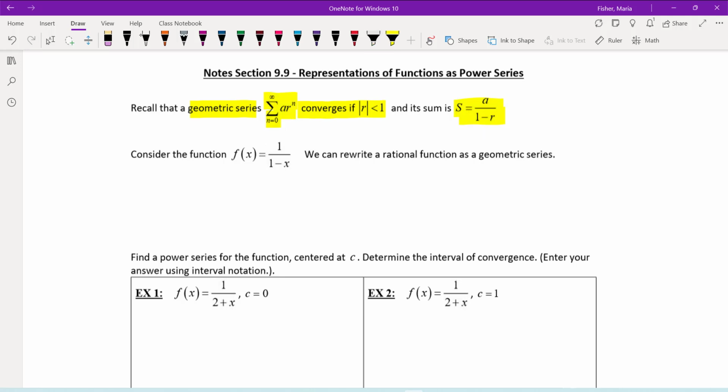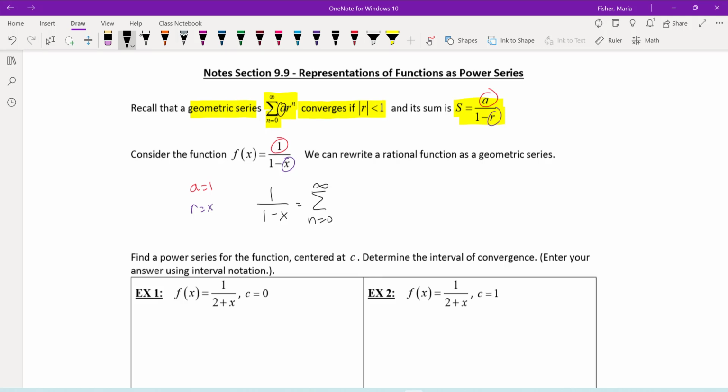So let's consider this function here. Let's consider 1 over 1 minus x. We can rewrite this rational function as a geometric series. Notice that a would equal 1 and that r would equal x. Therefore, 1 over 1 minus x would equal the sum from n equals 0 to infinity.